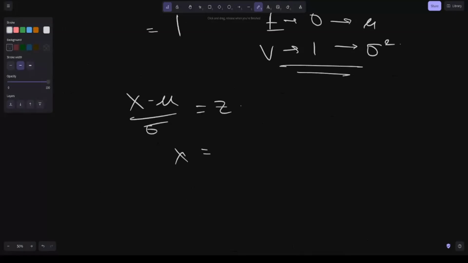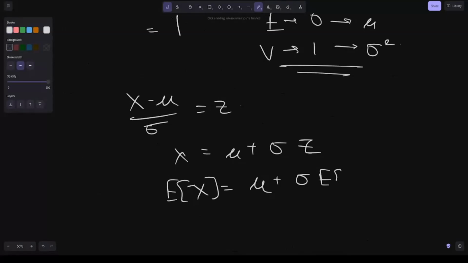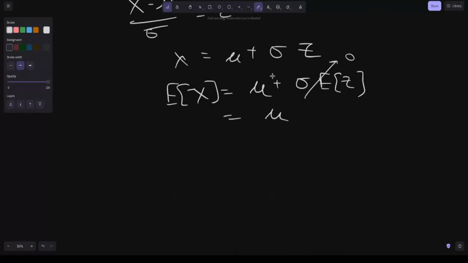So x's value is mu plus delta z. So E of X will be equal to mu plus delta E of Z. So E of Z is 0, so this is mu. See, so the expectation of that variable is mu.